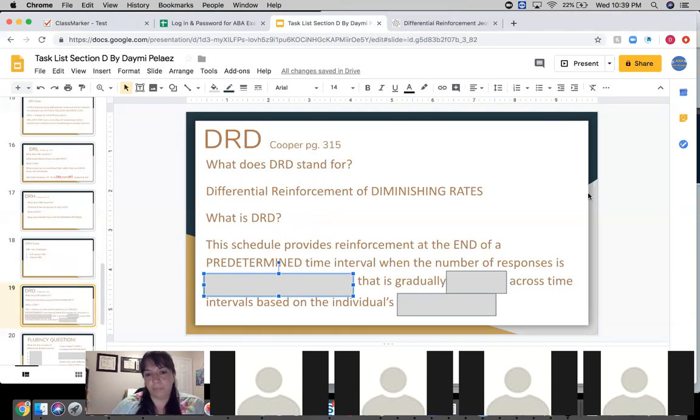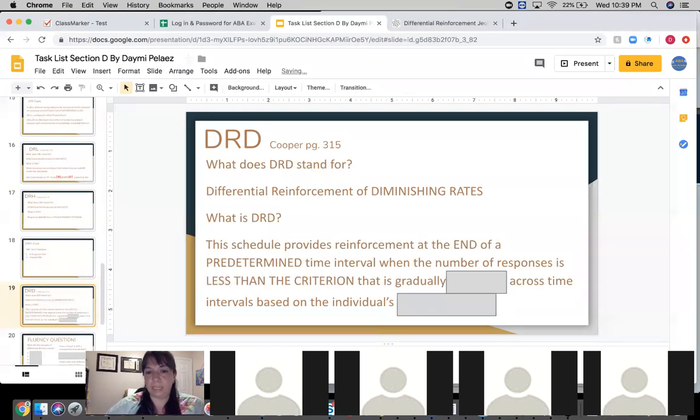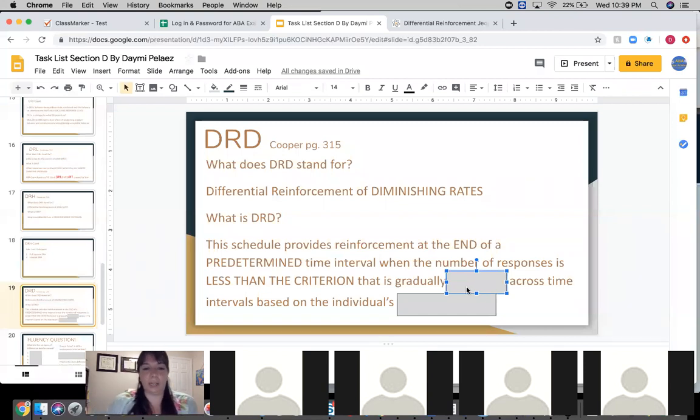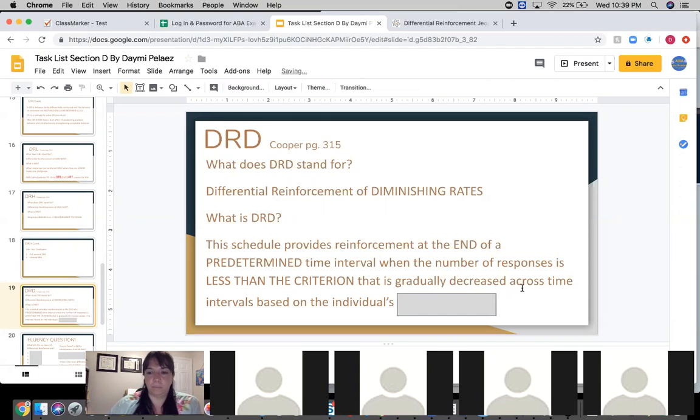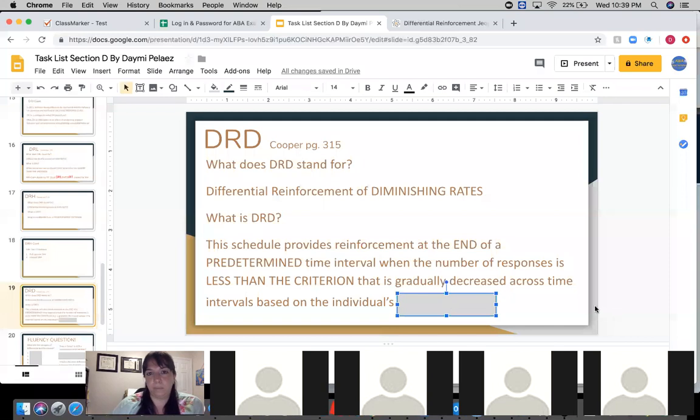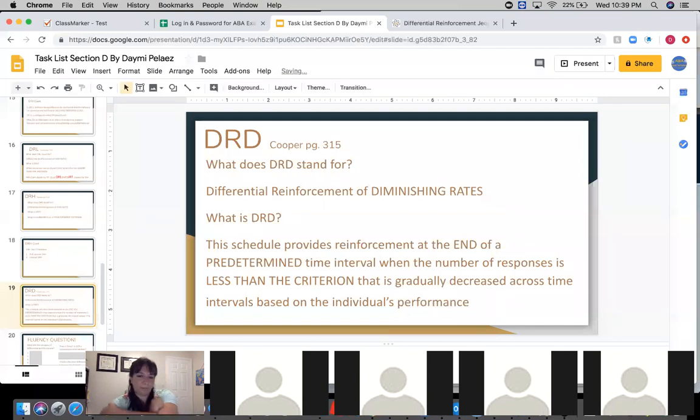It's lower, because fewer. Less than the criterion, that is gradually blank across time. Decrease. Great job, guys. Based on the individual's what? Performance. Wow. Nice job. Perfect.